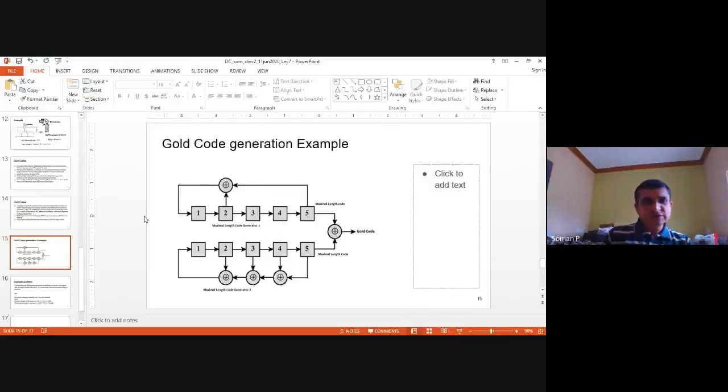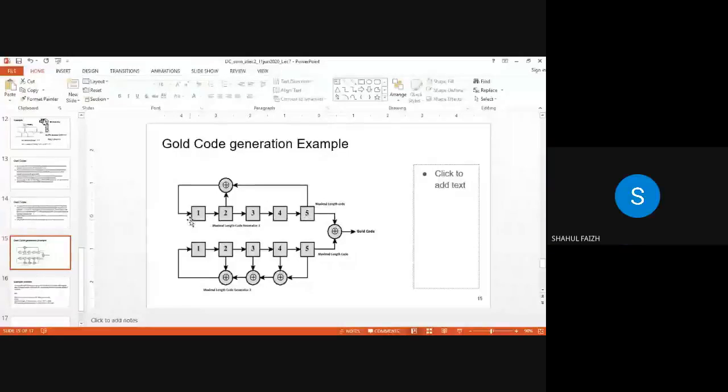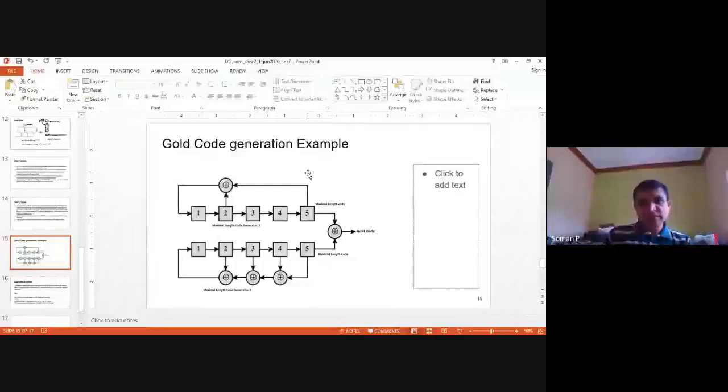Since the autocorrelation is 1 for tau equal to 0 and minus 1 by n for other values, you can generate different sequences by time shifting. You can shift 2 raised to m minus 1 times, so you can have that many sequences.